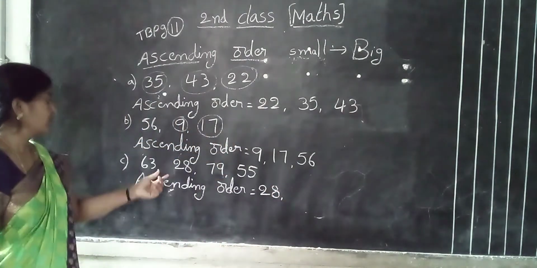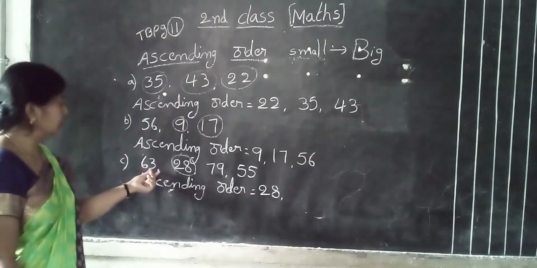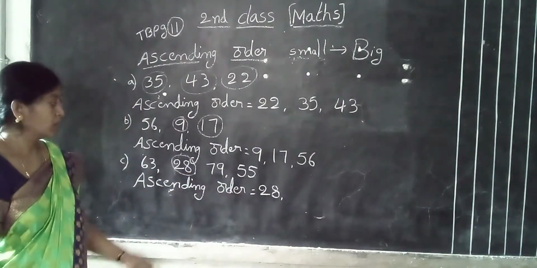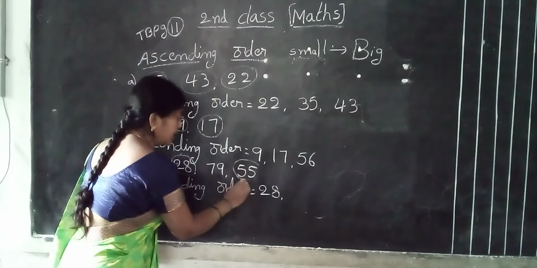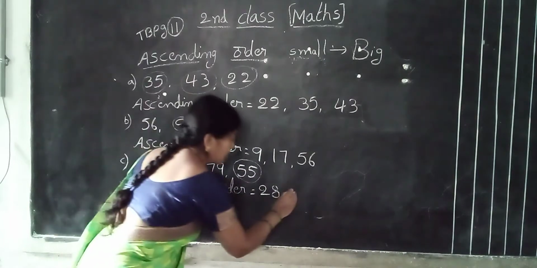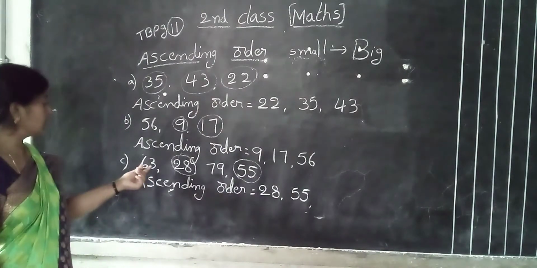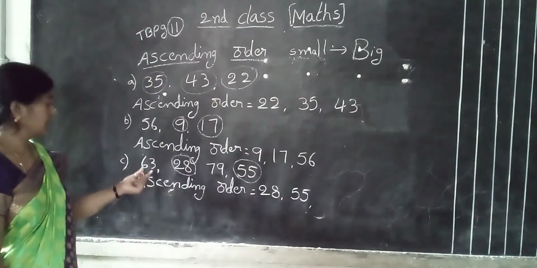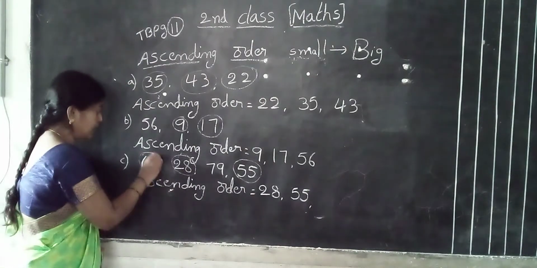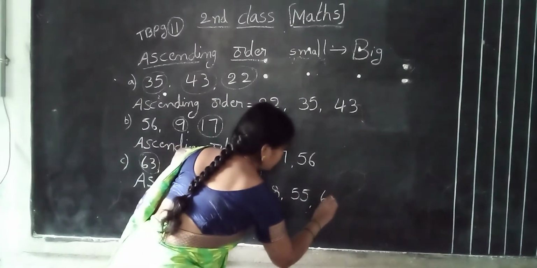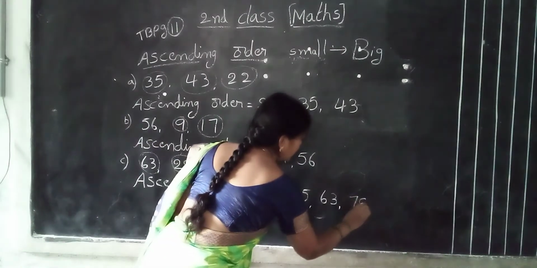Next smallest number among 63, 79, 55: 55 is the next smallest number. Next smallest number among 63, 79: 63. So next 79. Remaining is 79.